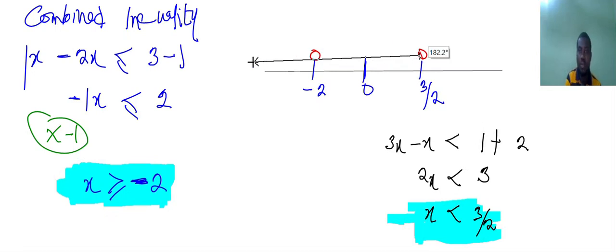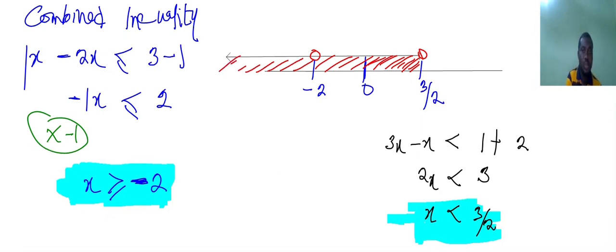Then x is greater than or equal to minus 2. There's an equal to at minus 2, so because of the equals to we shade it. Numbers greater than minus 2 go towards the right, so let's shade them with a different orientation.